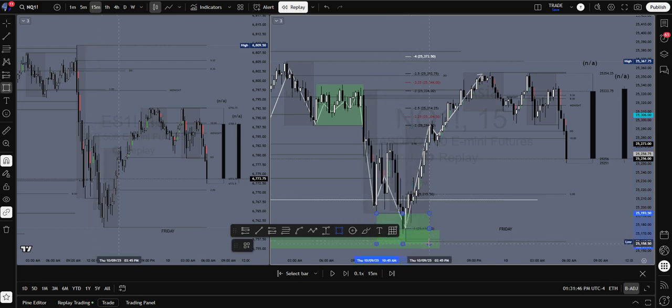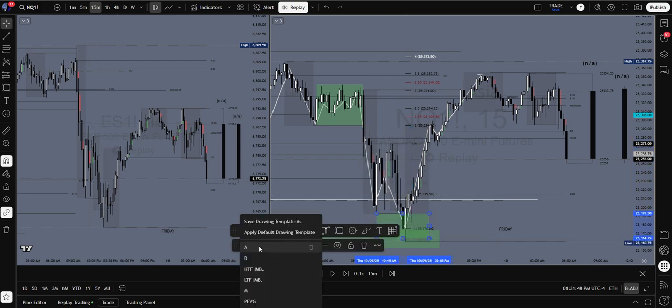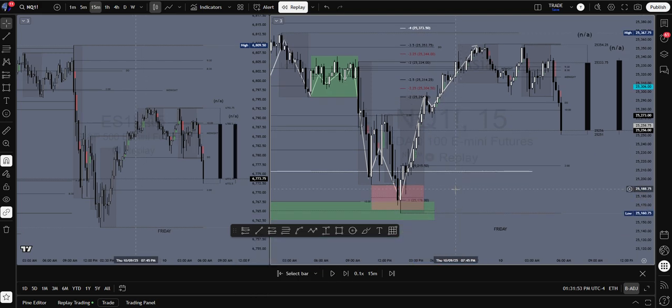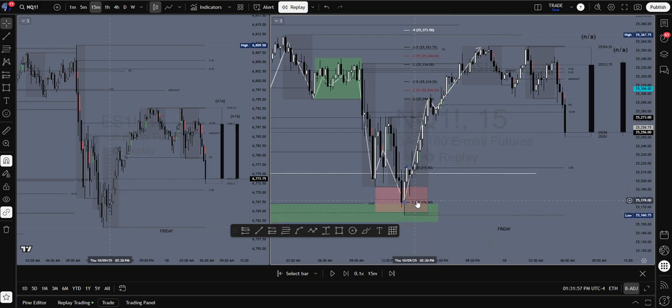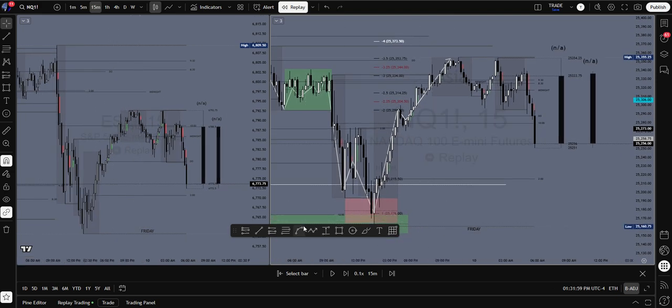This was the lowest spot where you could have had an entry. If you know how to trade these price levels, you would be able to catch this leg. And then back to our original price target.